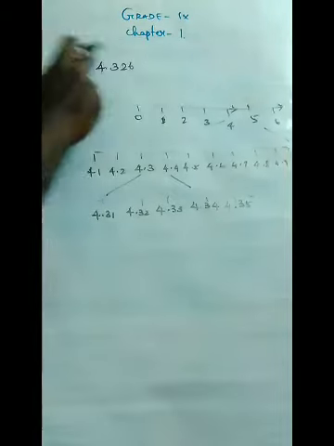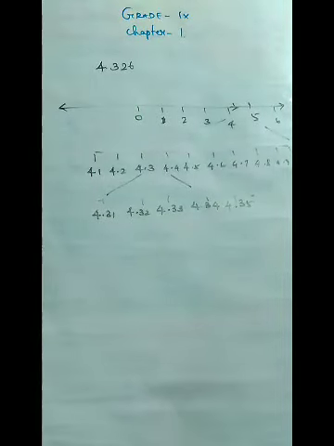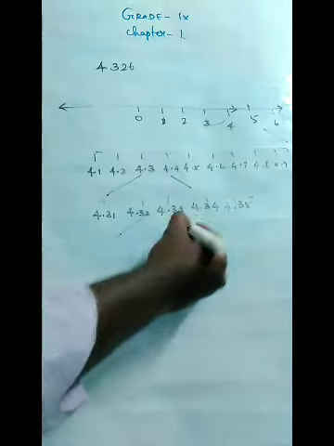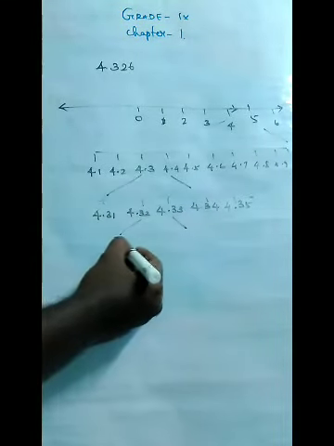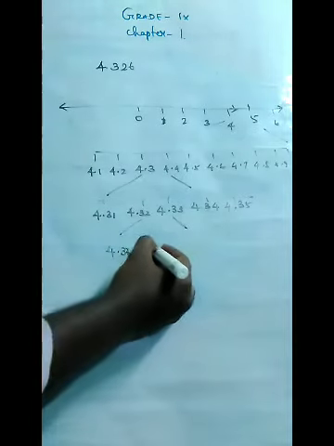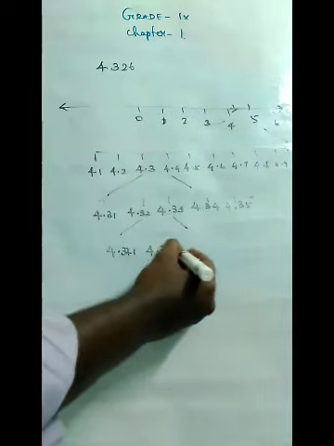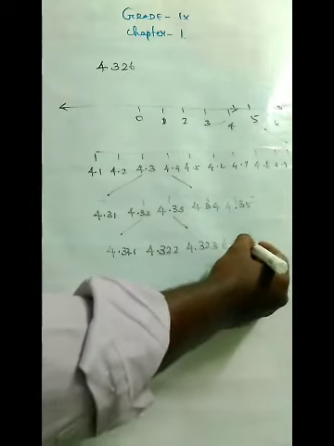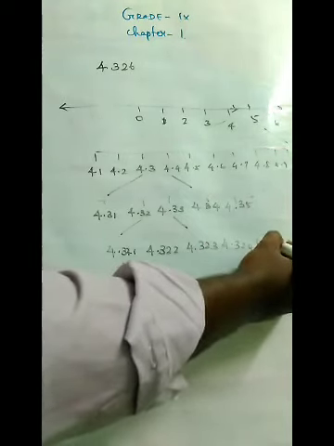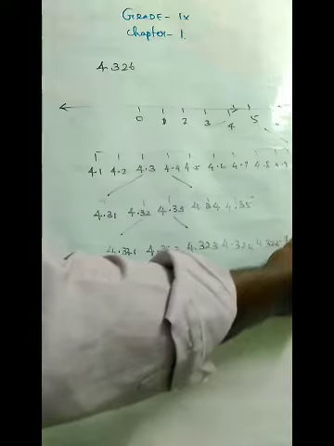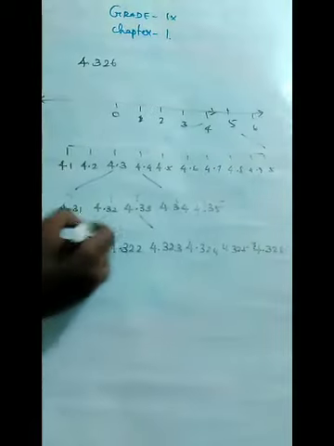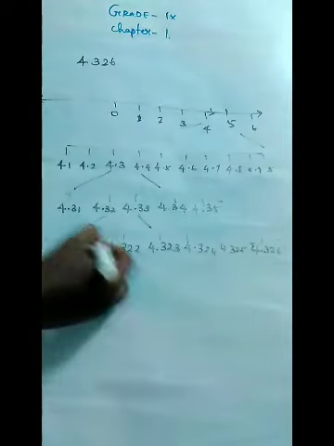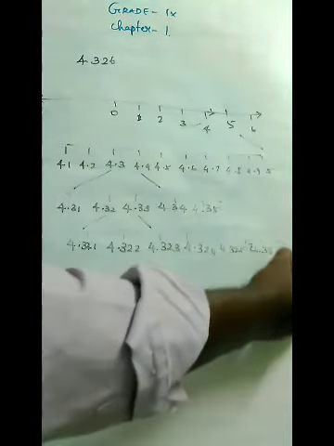Now we have 4.326, which will lie between 4.32 and 4.33. So we get 4.321, 4.322, 4.323, then 4.324, 4.325, and finally 4.326. Up to this we have to draw the line. We have to draw that number line properly, then locate that number on it.